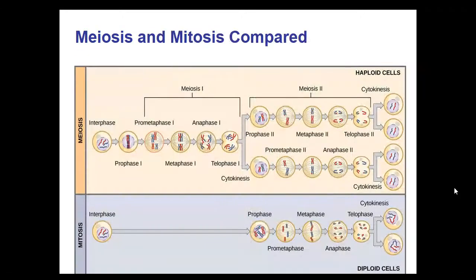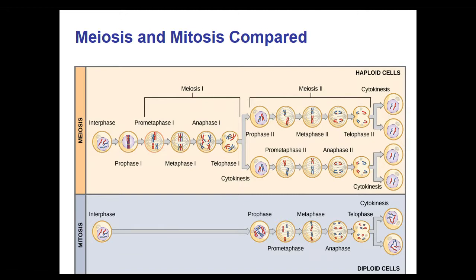Okay, so here's more detail of the two divisions of meiosis, showing the different phases and what happens. It's the same kind of thing. Prophase, same thing happens. The nuclear envelope goes away. The chromosomes coil up, or condense, and become thick and short.